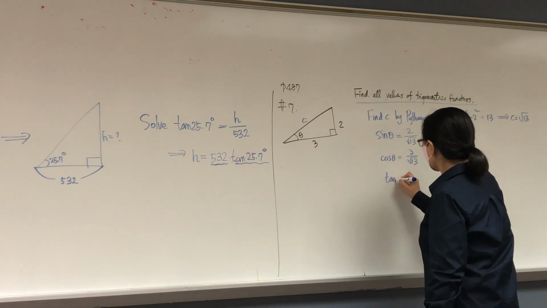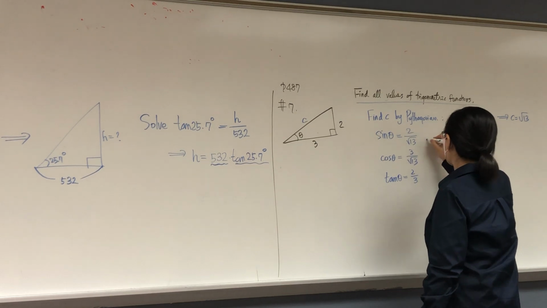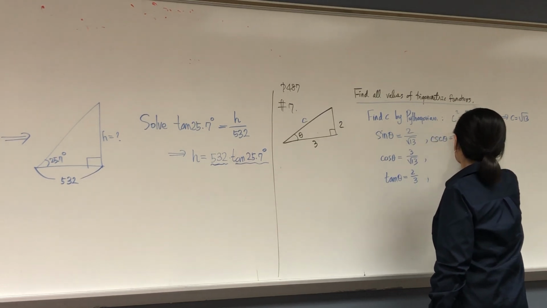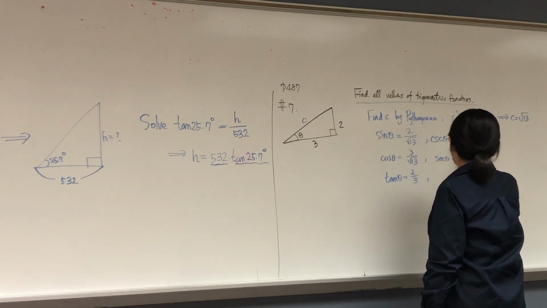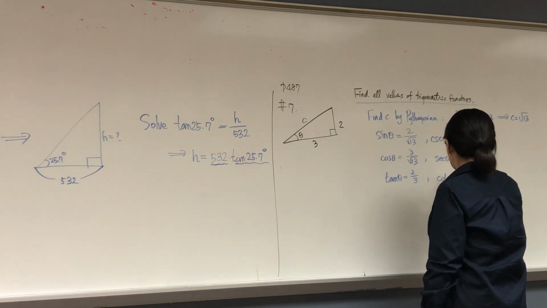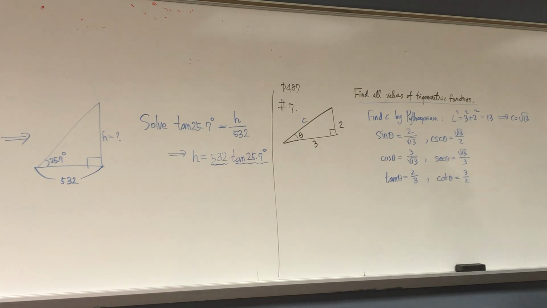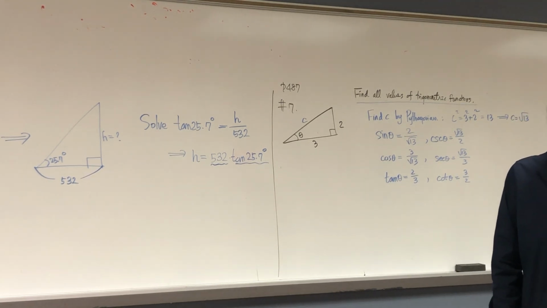What is tangent theta? 2 over 3. And the other parts you can do, right? So very simple and easy. Now, number 17, find x.